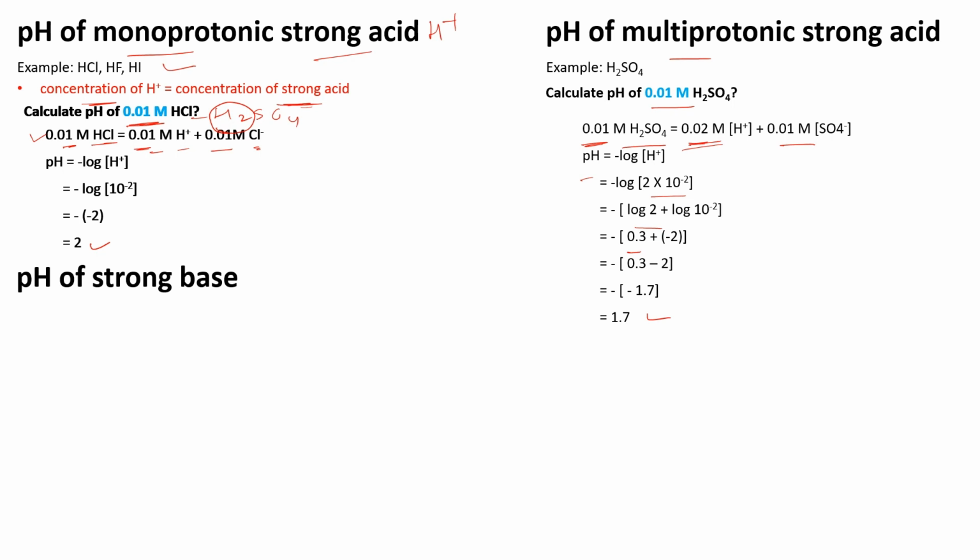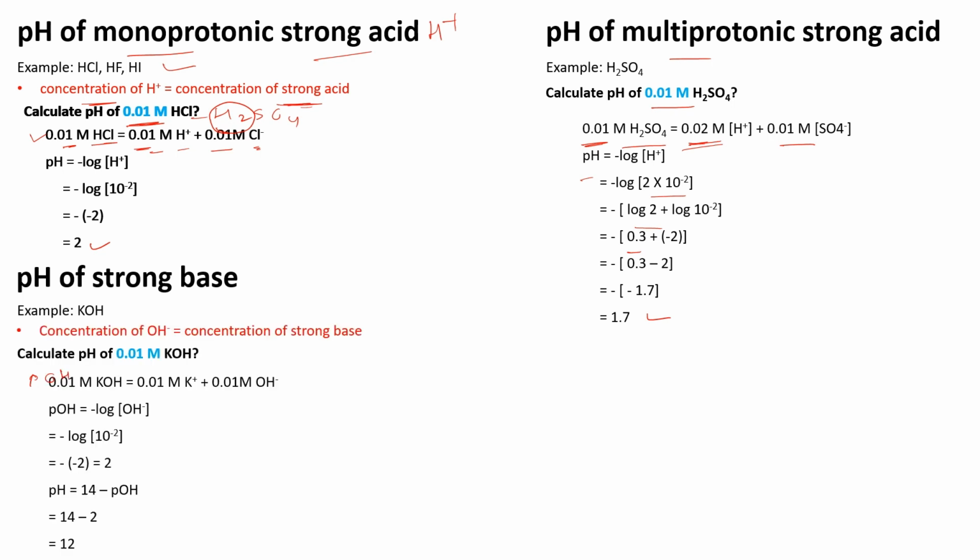Now how we will calculate the pH of a strong base? The same. Just instead of pH, we have to find pOH. Okay. Let's see. Here the example is KOH. Strong base, that means the concentration of OH minus is equal to the concentration of strong base. So the same concentration, 0.01 molar KOH, now we have to find.